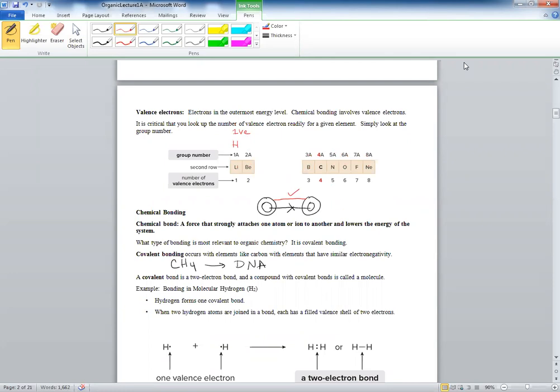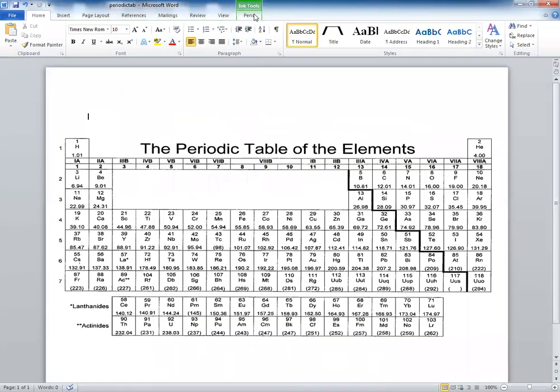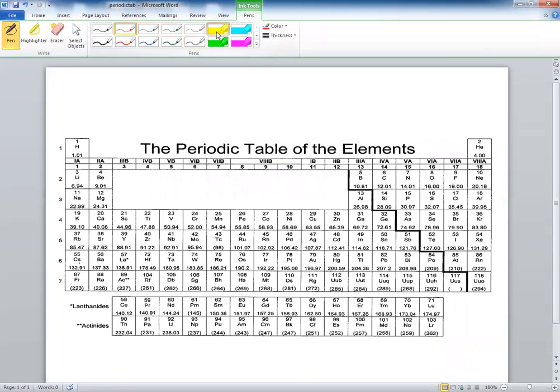Now, let me show you that on a real periodic table. If you look at the periodic table here, this area that I'm highlighting is group 1. So that's 1. This is group 2, so that's 2.